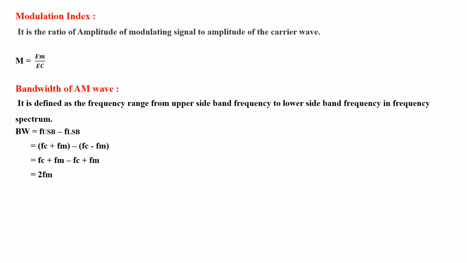Substituting the values of FUSB as Fc plus Fm and FLSB as Fc minus Fm, and simplifying the brackets, we obtain bandwidth equals twice the modulating frequency, that is 2Fm.